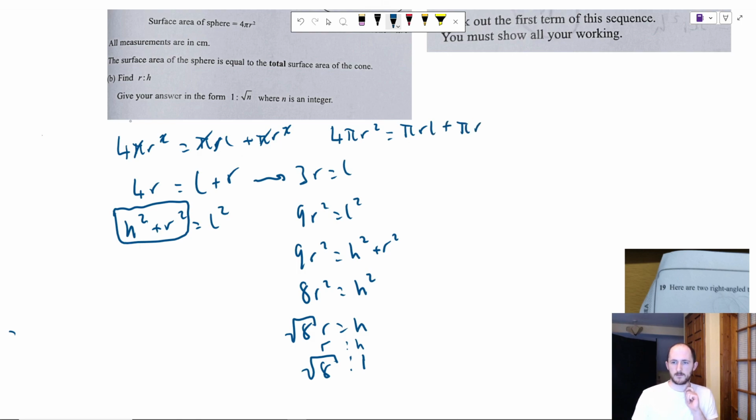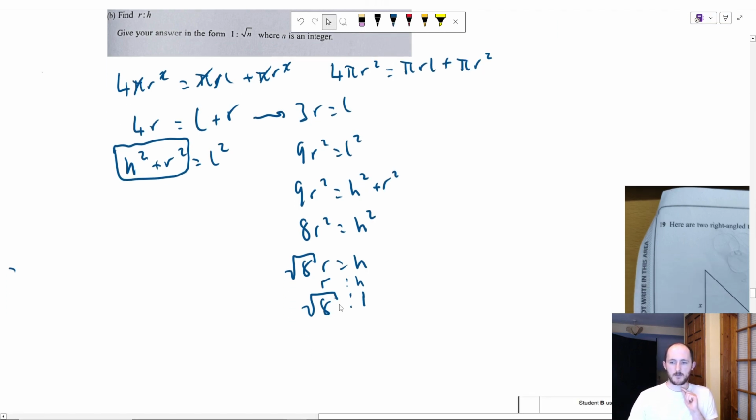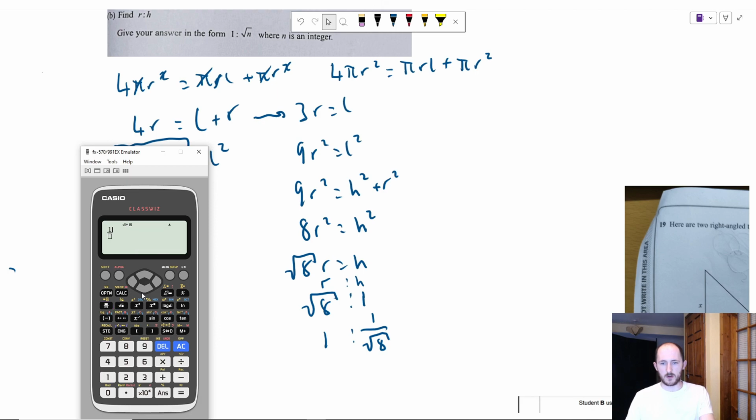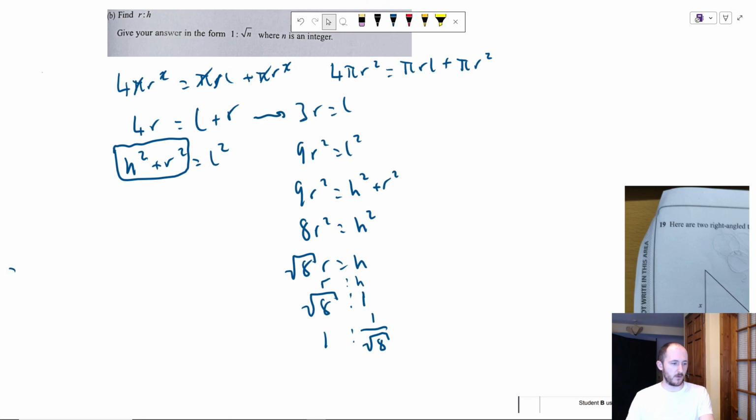That's what it says. So the thing is, I would have to divide both sides by root 8, right? Which gives me 1 to 1 over root 8. And then, if you want to put it in a calculator, just to make this a bit quicker, 1 over root 8 is root 2 over 4, right? It is correct. Okay. Because the thing that confuses me is that isn't an integer.